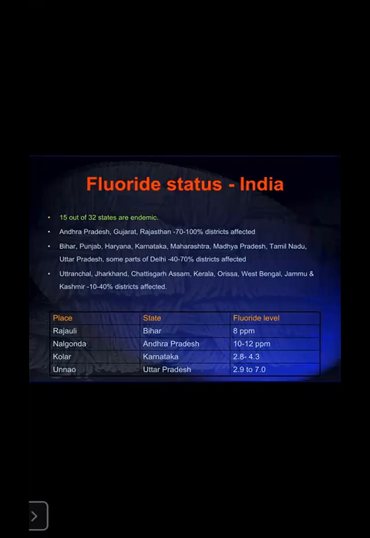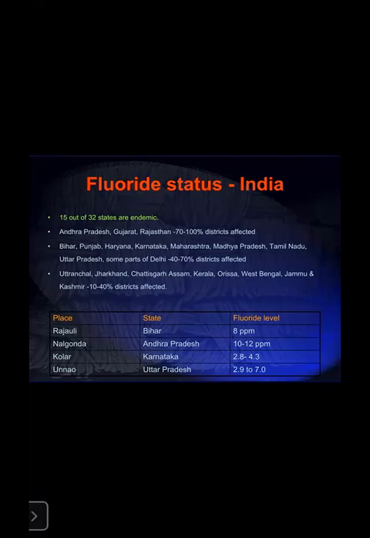Okay. Now, if you see Bihar, Punjab, Karnataka, Maharashtra, Madhya Pradesh, Tamil Nadu, Uttar Pradesh, and some parts of Delhi have 40 to 70% of districts affected. While Uttaranchal, Jharkhand, Chhattisgarh, Assam, Kerala, Odisha, West Bengal, Jammu Kashmir have 10 to 40% of districts affected.